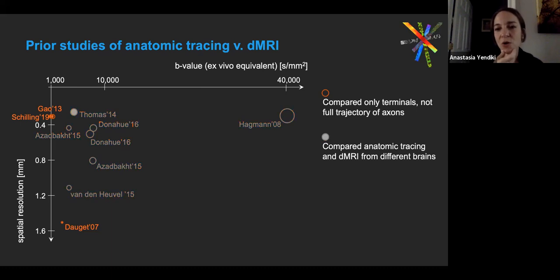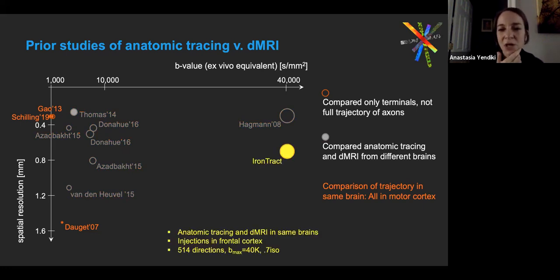Most of them also compared anatomic tracing and diffusion MRI from different brains. So this adds an extra layer of potential variability. And of the ones that had compared the two modalities in the same brain, they were all done in the motor cortex, which is a pretty well characterized set of fibers.